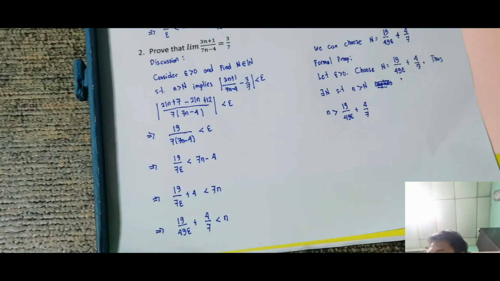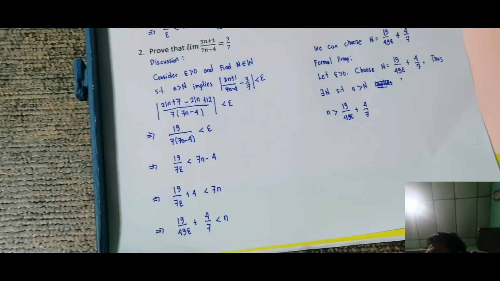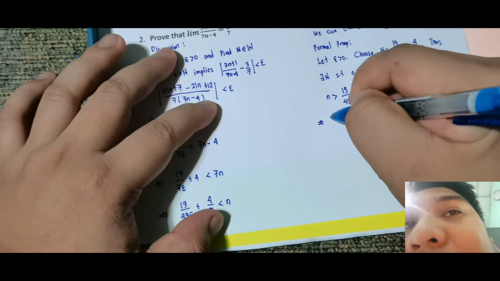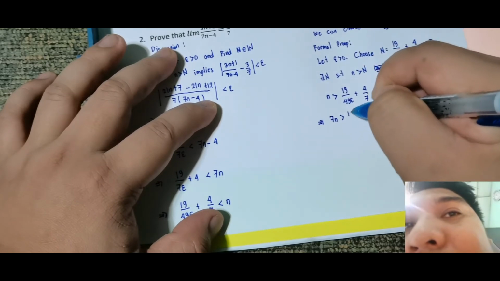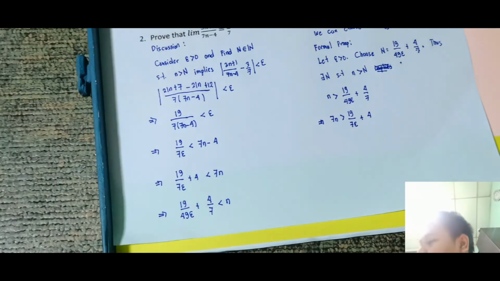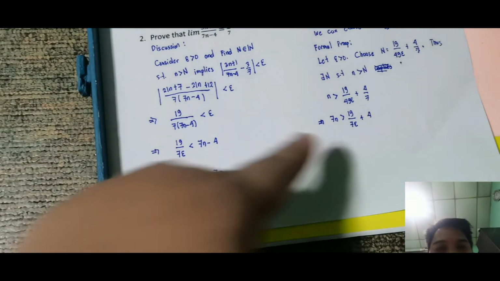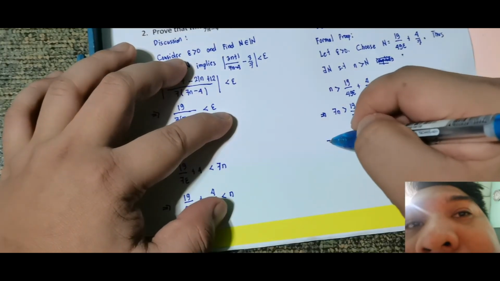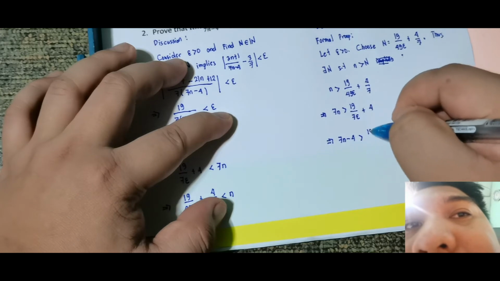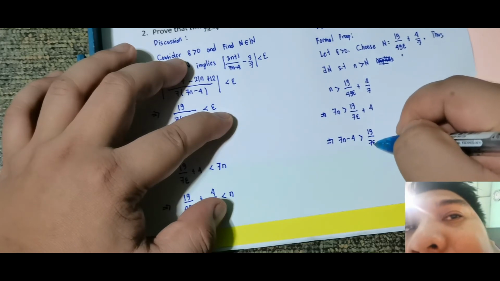Now let's manipulate it a little. How do we get back? What happens there is 7n minus 4. So I'll multiply by 7 first. So this is 7n, which implies that 7n is greater than 19 over 7 epsilon plus 4, which implies that 7n minus 4 is greater than 19 over 7 epsilon.